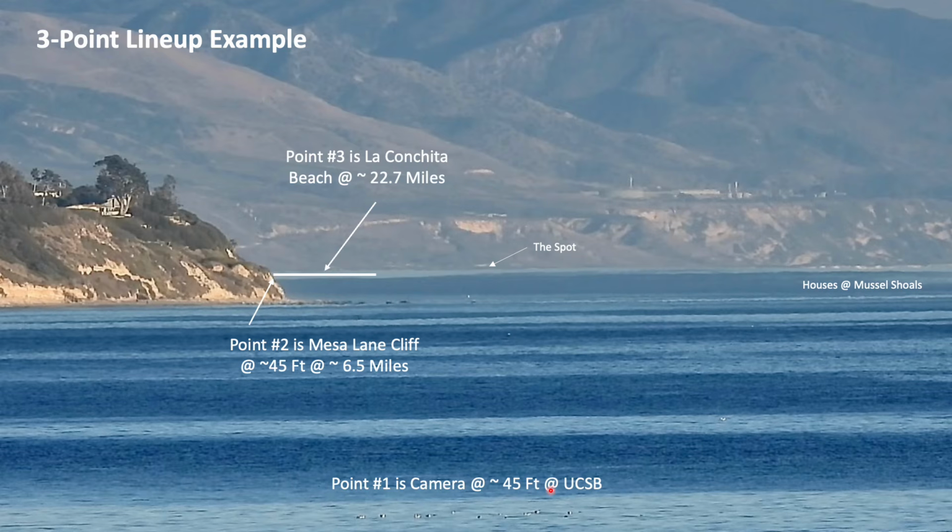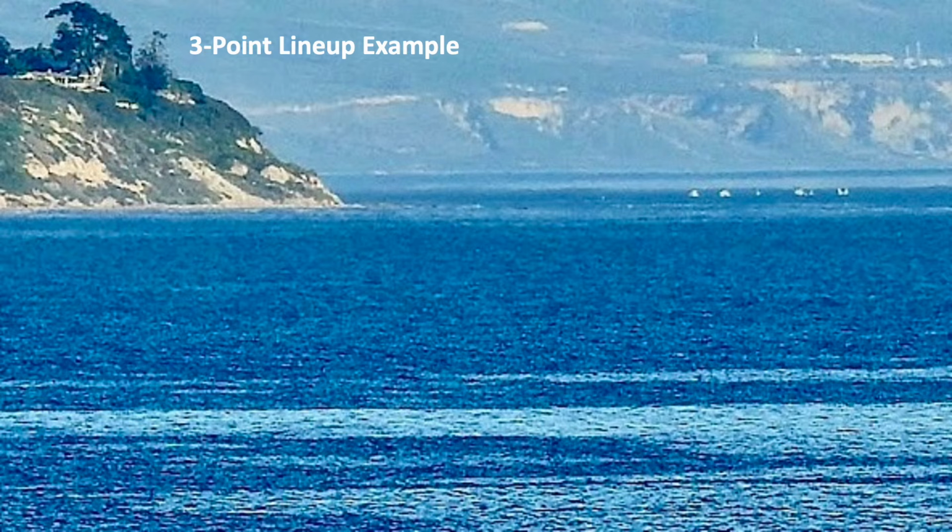So my camera's at 45 feet, the cliff face right here is about 45 feet, and the houses at La Conchita Beach with the spot above here. The spot's at about 100 feet. The house is, so 20 feet or so of house above, 20 feet of highway down here. And another example.